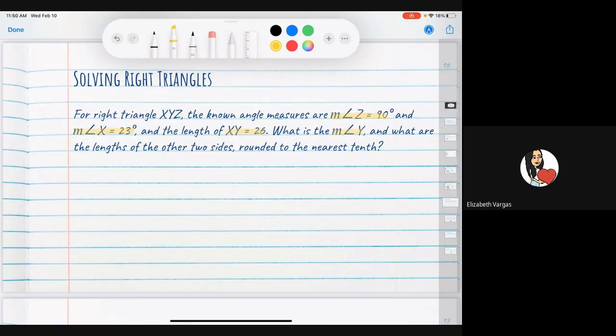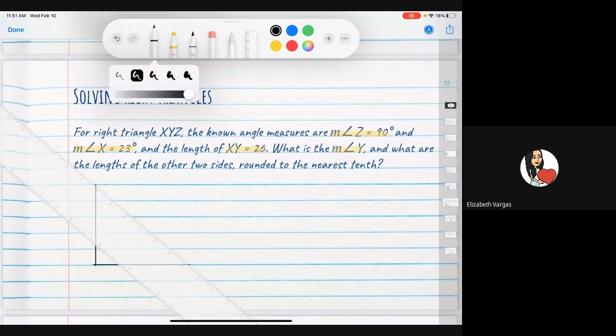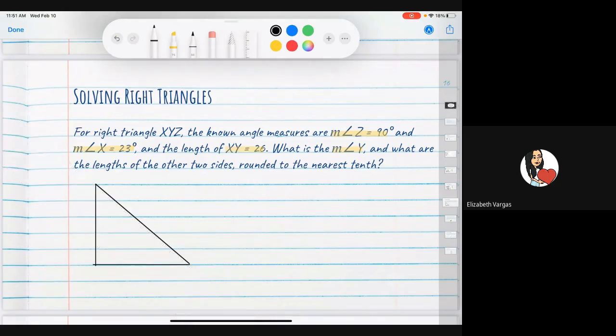Okay, so what we want to do is first create a diagram that represents this. So we know we're looking at a right triangle, so I'm going to go ahead and draw that right triangle. Then I want to label my vertices.